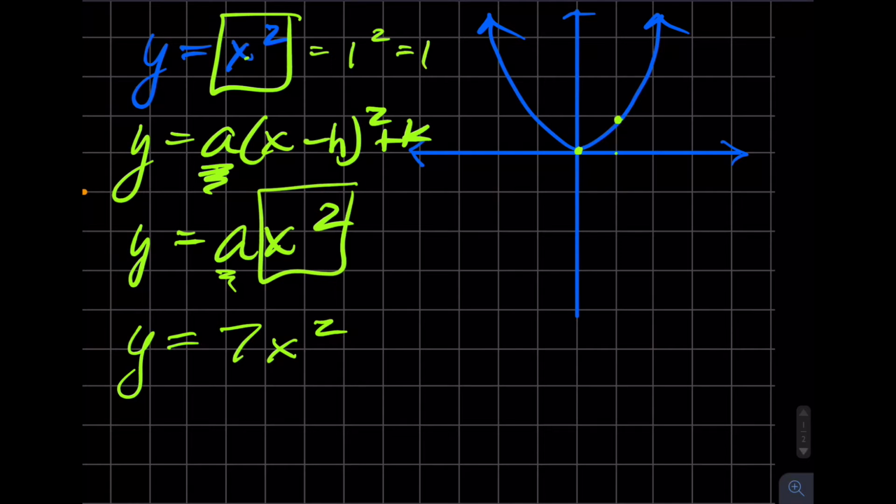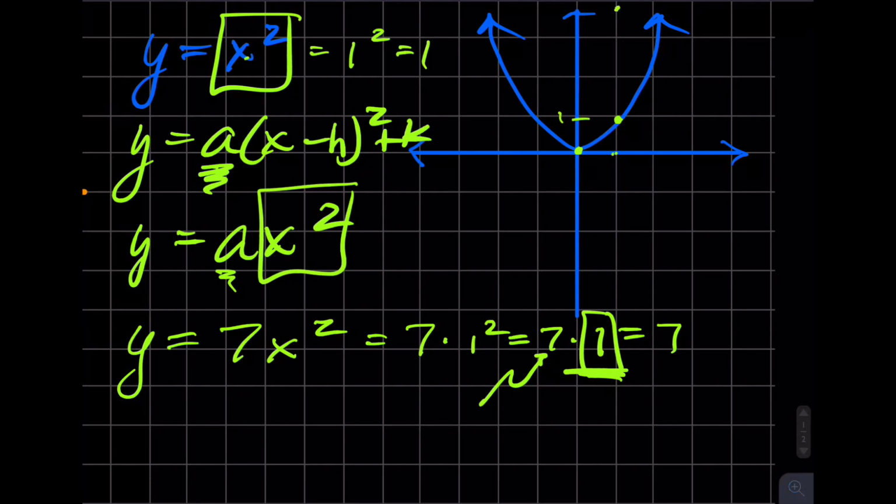And again, scale's not exactly perfect. But for this function down here, I'll get 7 times 1 squared, which is 7 times 1, which is 7. So up until I multiply times this 7, I get the same value. But in this case, I get 1 and 7. So it's already shooting off of the screen above what I have drawn here.